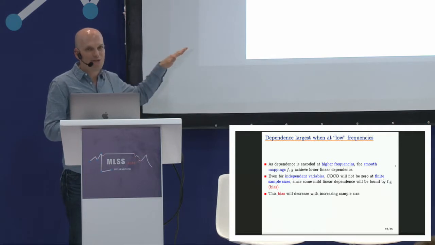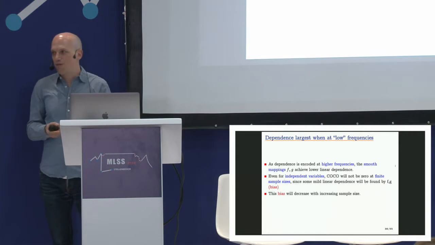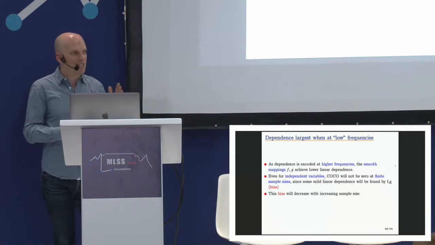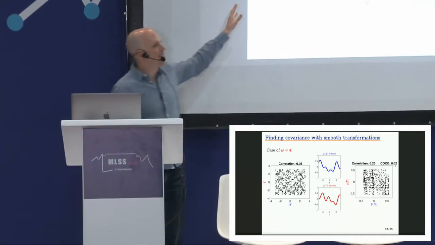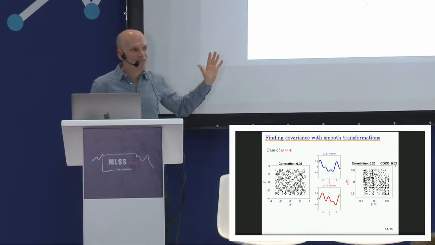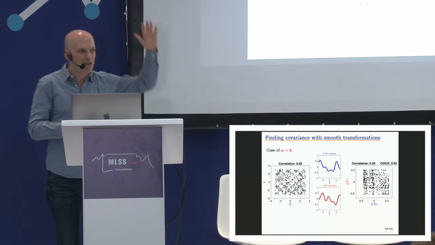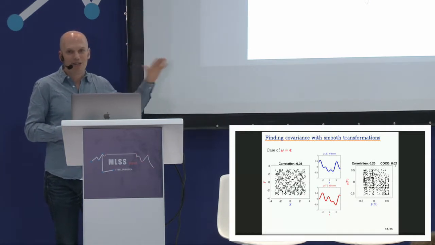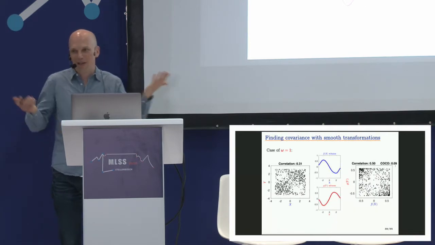So this tells me what's an easy problem and what's a hard problem. And this, I think, conforms to what we as humans would consider easy and hard. If I see a plot like this with my X and my Y, visually I can't see a whole lot of dependence in that. I would need to see way more samples before I would see a checkerboard pattern. And this is what my constrained covariance is giving me. It's ordering my dependence so that this is less dependent than this, which I think is reasonable.